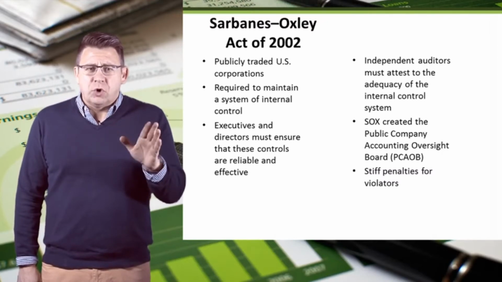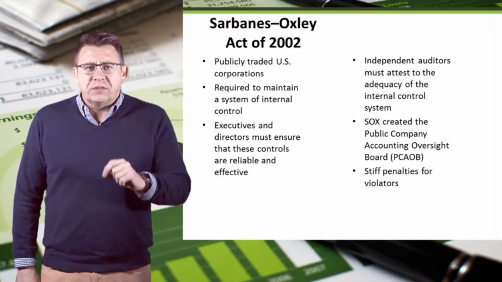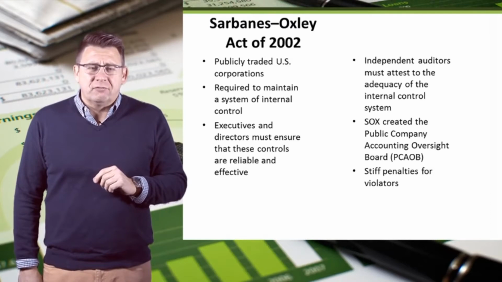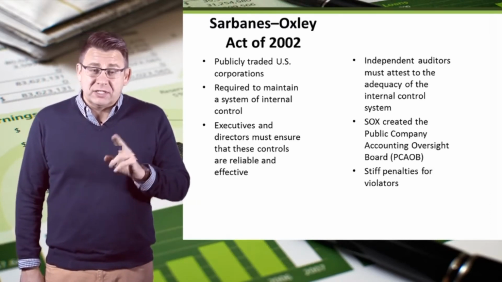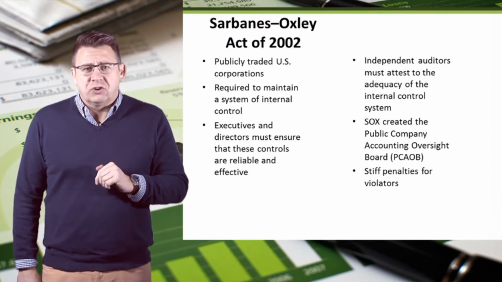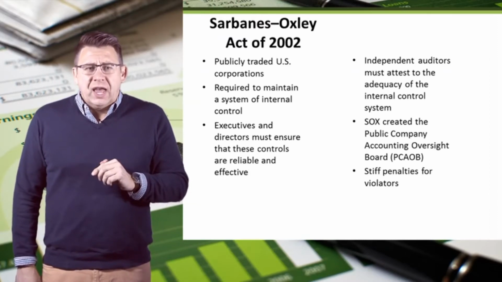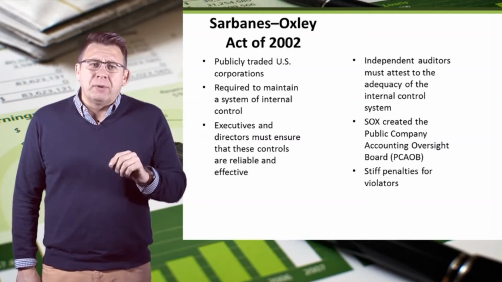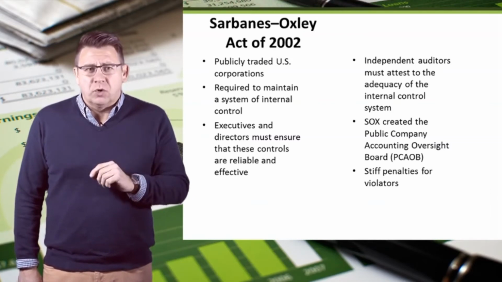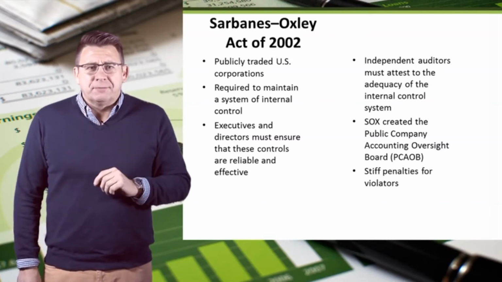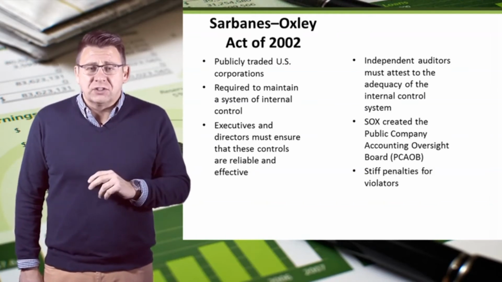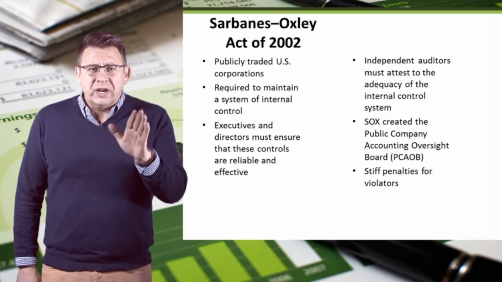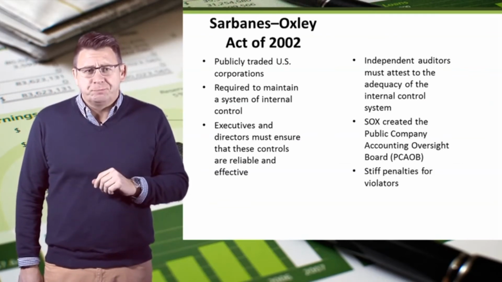Corporate executives and board of directors must ensure that these controls are reliable and effective. Independent outside auditors must attest to the adequacy of the internal control systems. And Sarbanes-Oxley created the Public Company Accounting Oversight Board, which we'll talk about in a second. And finally, it created stiff penalties for violators, including what could be 20 to 25 years in prison.